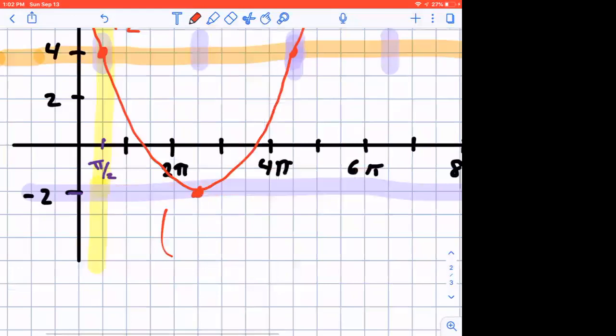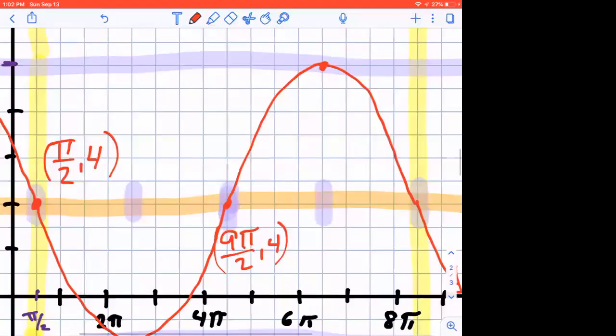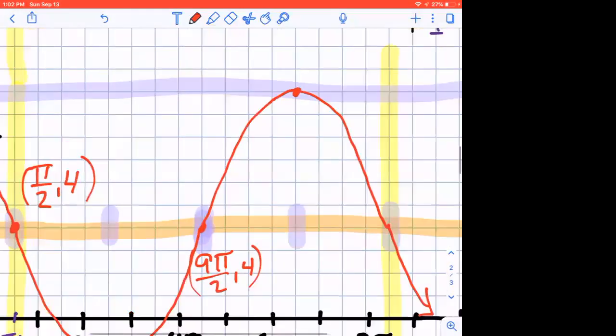That would be kind of weird. How about 5 pi over 2, -2. And then here we have 4½ pi, which would be 9 pi over 2, 4. And then we come up here, we're at 10 for our y value.